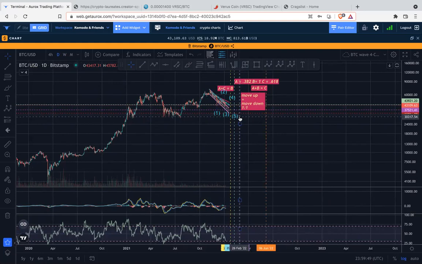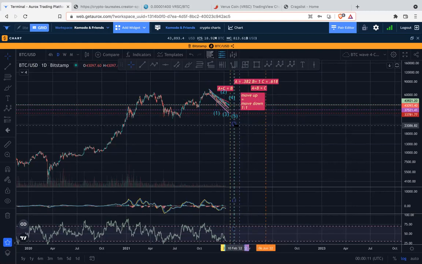That would be this purple line here. That's what I've called move up equals move down 1 to 1. That's in March. The other one previously will be in February, around 7th of February, and the A plus C equals B is end of January, around 24th of January. So those are those regions.